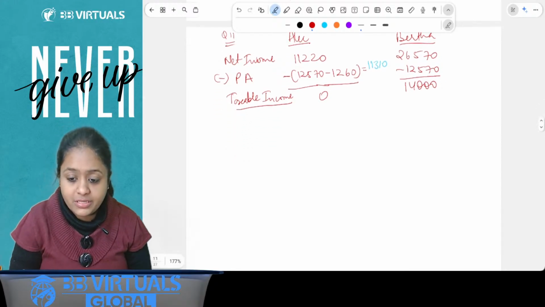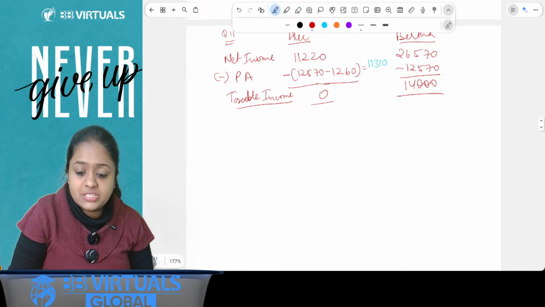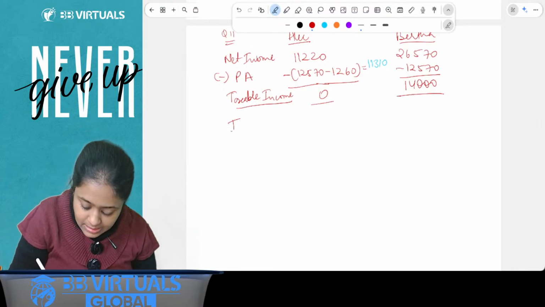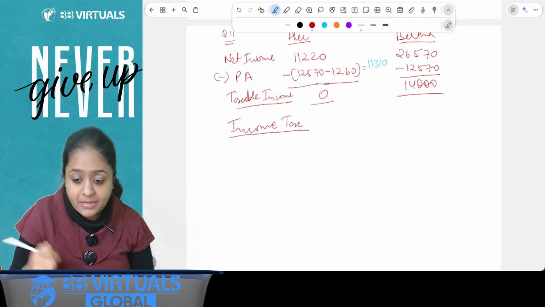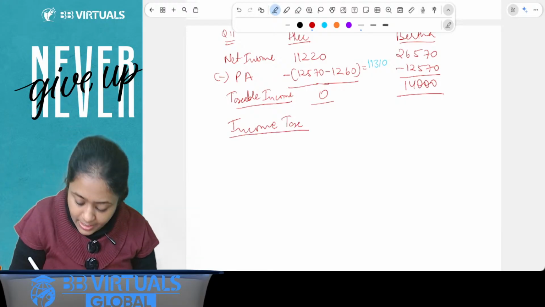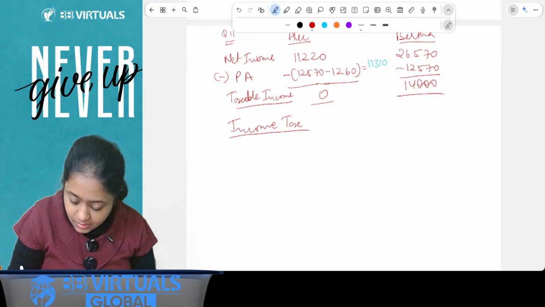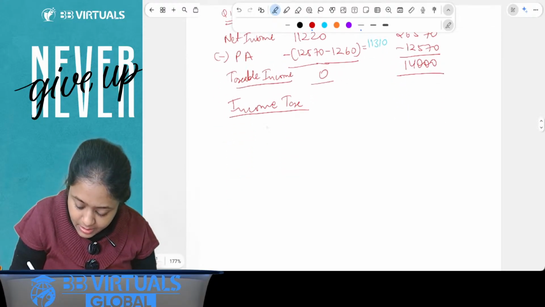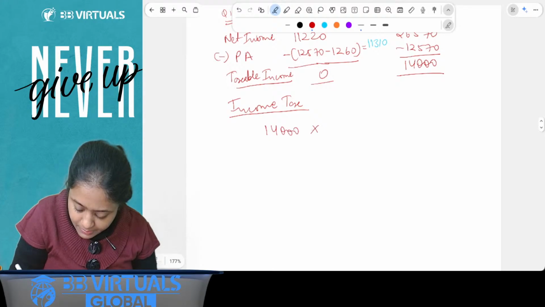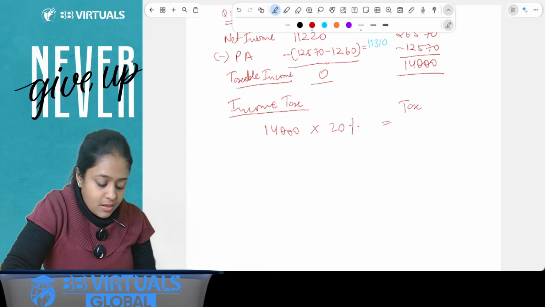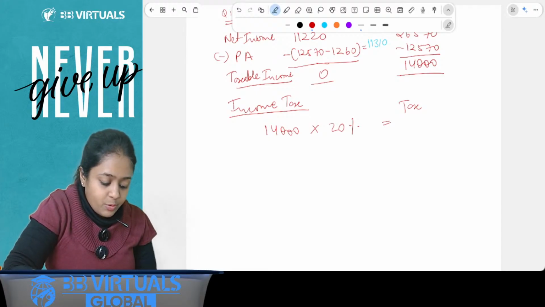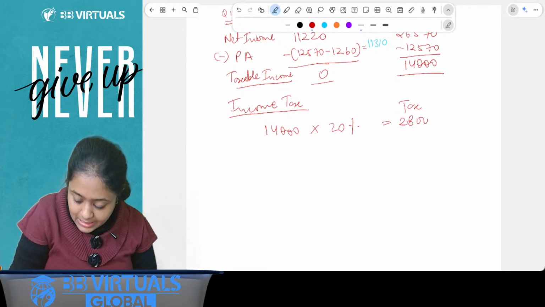Okay, now we have got the taxable income. So now we just need to calculate tax for Bertha. So I will write here income tax for Bertha. This is the non-savings income only. So 14,000 will be taxed at 20%. So I will get my tax at 14,000 multiplied by 20%, that is 2,800.